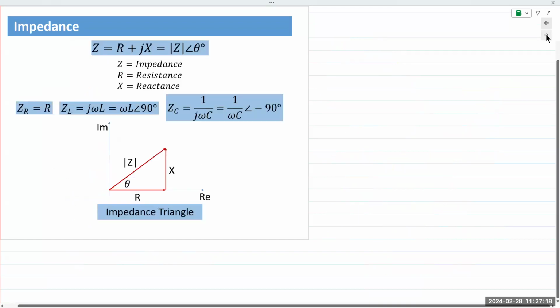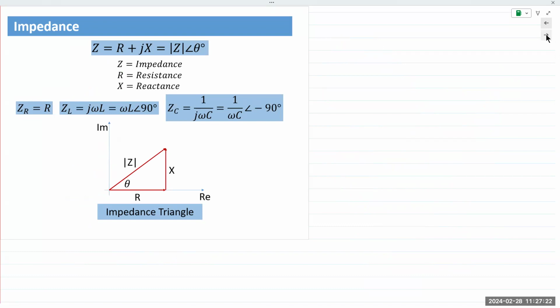And let's look at the complex representation for the components. We introduce the term known as impedance. Impedance is a complex quantity, represented again using complex numbers. It has an imaginary component as well as a real component.